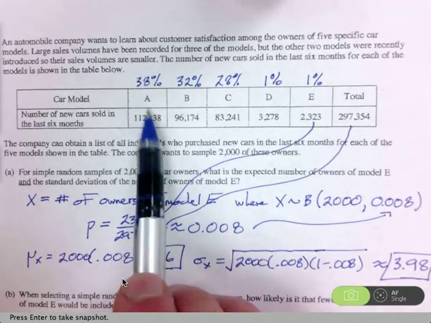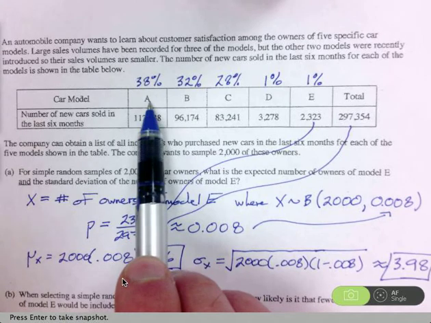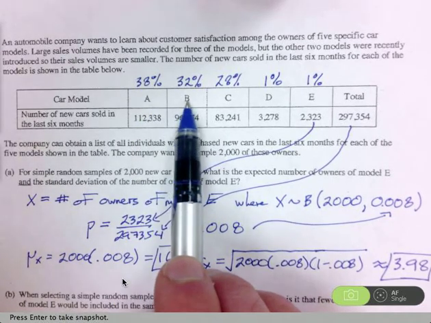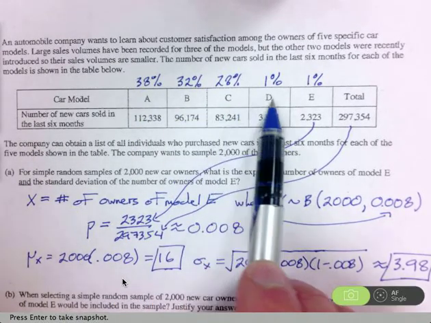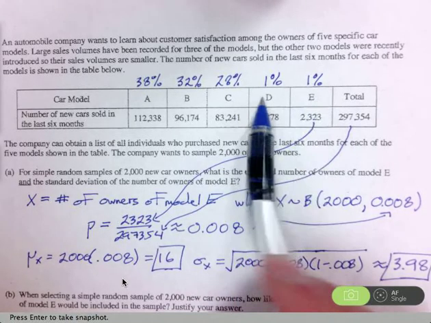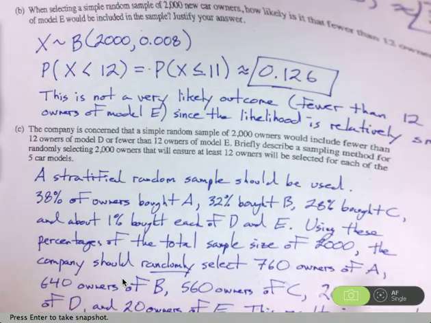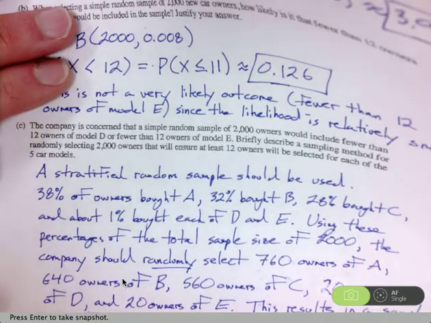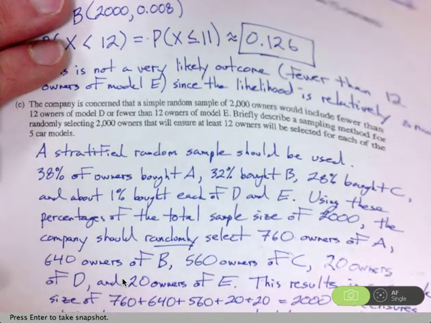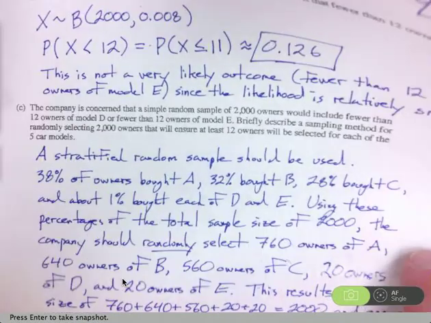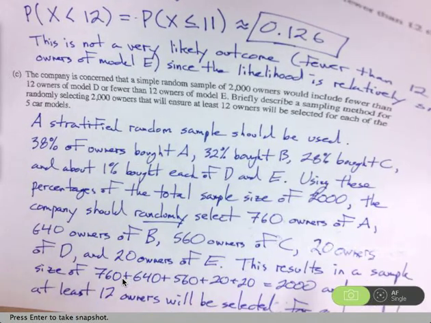That's 38%. 38% of owners bought Model A, 32% B, 28% C, and then approximately 1% each for D and E. That gives me a way to get a stratified sample where I'm randomly selecting from each model, but also guaranteeing that the total sample size is still 2,000.